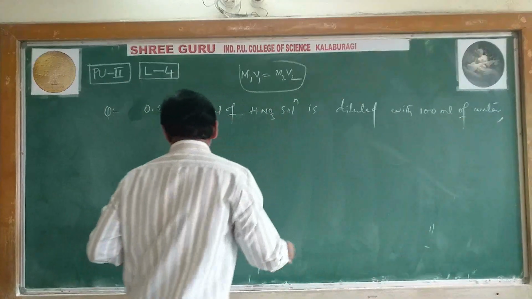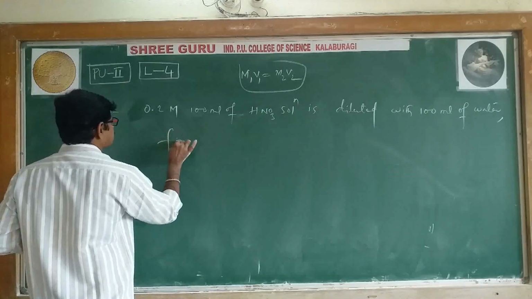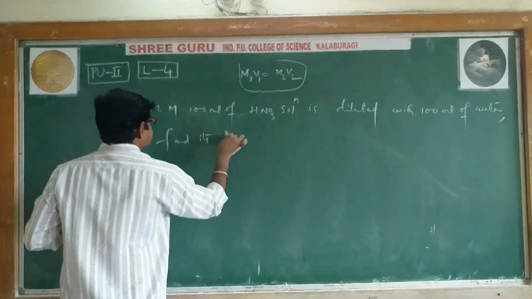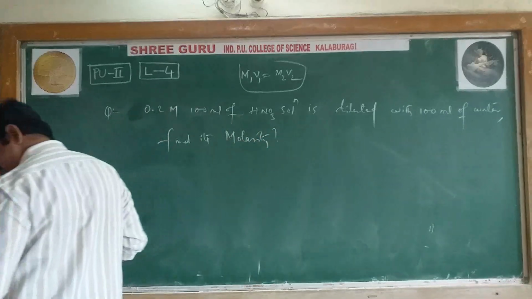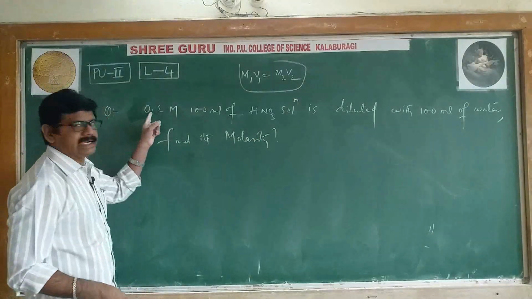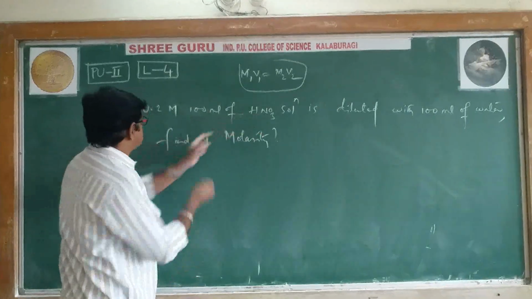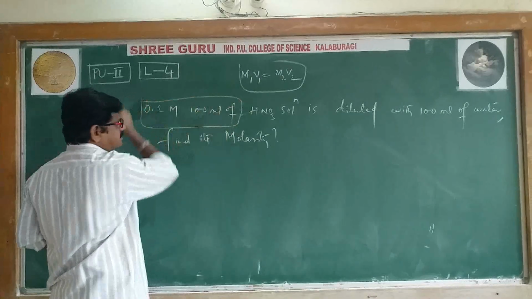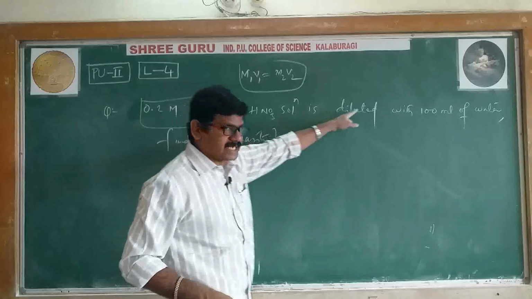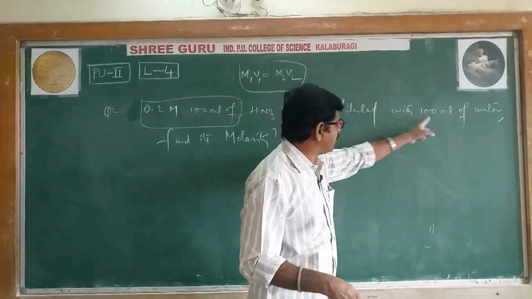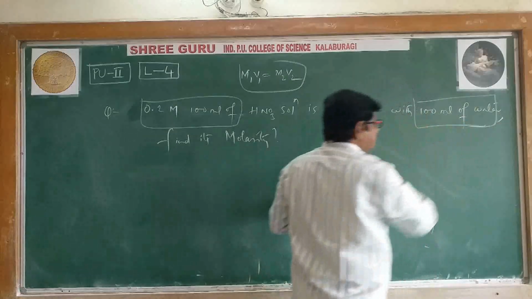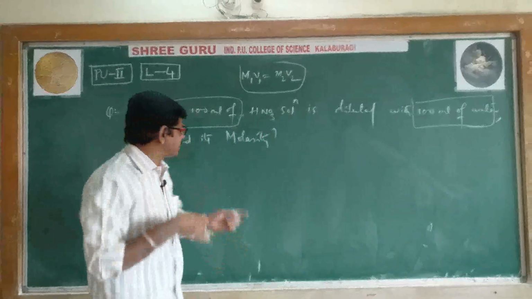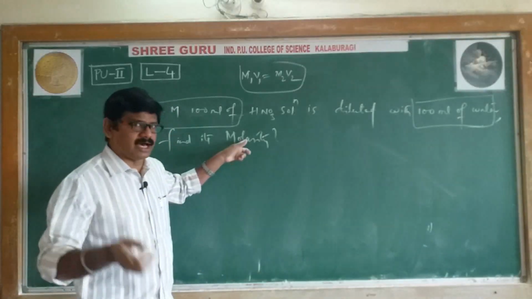Find its molarity. That's it. That is the question. Okay. 0.2 molar, 100 ml of HNO3 solution. It is the before dilution, remember. It is of course diluted. Some water added, 100 ml of water. How much water added? 100 ml of water has been added. After addition of water, what is the new molarity is being asked.